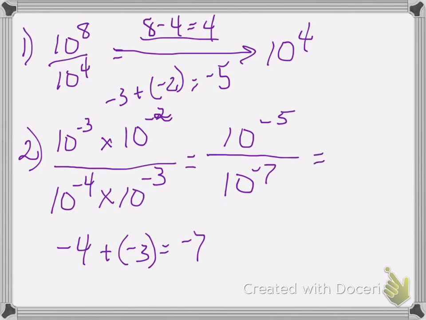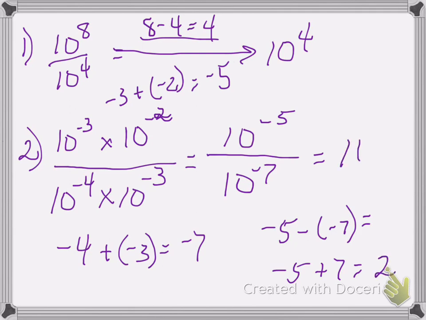And now we can divide these two, and when we divide these two, we subtract the exponents. So in this case, it's going to be minus 5 minus a minus 7 equals a minus 5 plus 7, because the two negatives will nullify each other, and so minus 5 plus 7 is 2.